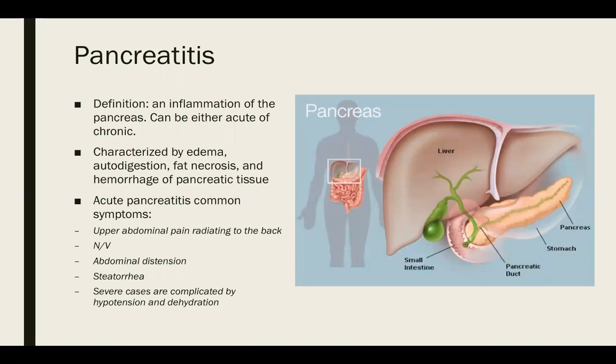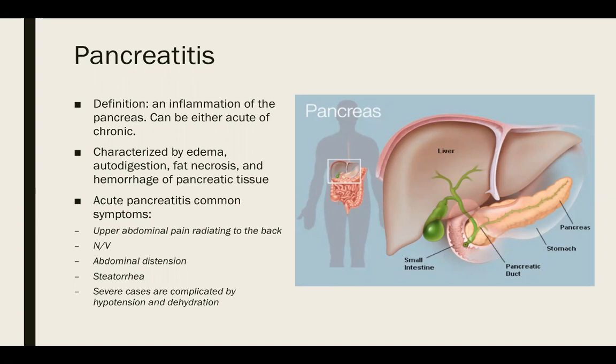Okay, the definition of pancreatitis is the inflammation of the pancreas. It can either be acute or chronic, and as I mentioned earlier, we will be focusing on a patient with acute pancreatitis. Pancreatitis is characterized by edema, autodigestion, fat necrosis, and hemorrhage of pancreatic tissue.